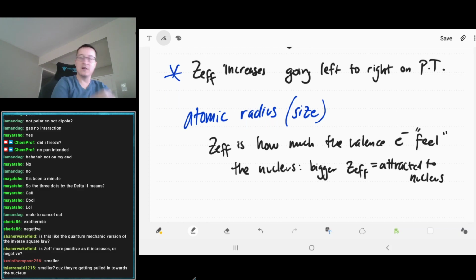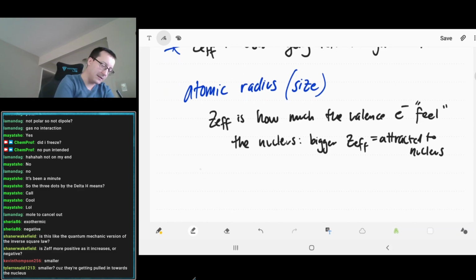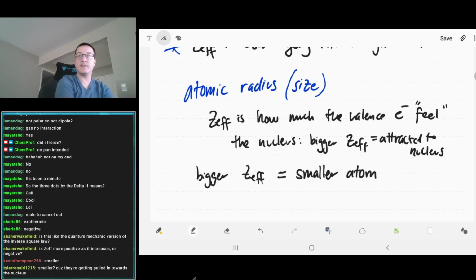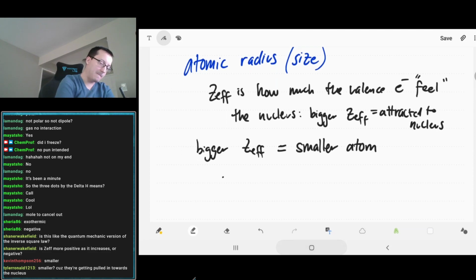Yeah, exactly. So that means that we have a smaller atom because the electrons are being pulled in.